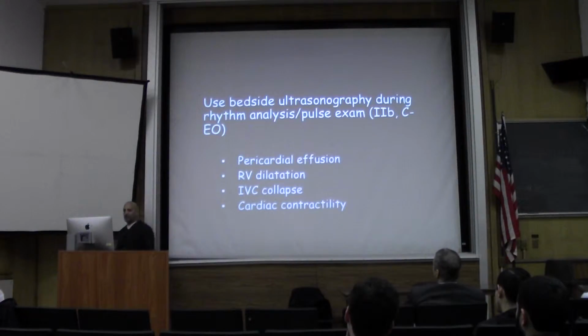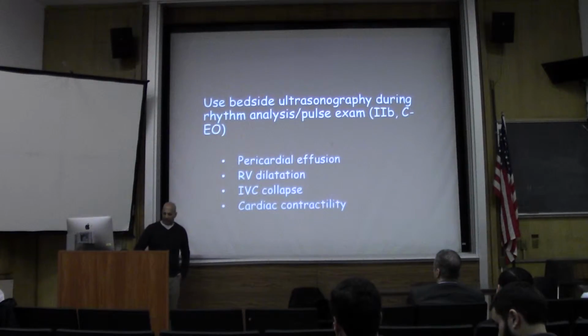So you may think a patient has pulseless electrical activity, but if you see some contraction, those patients have a shot at survival. That's called pseudo-PEA. In those patients, you should continue the resuscitation. Now, we've already talked about that. If you don't see any left ventricular wall motion after a certain period of time, that might be a reason to stop.